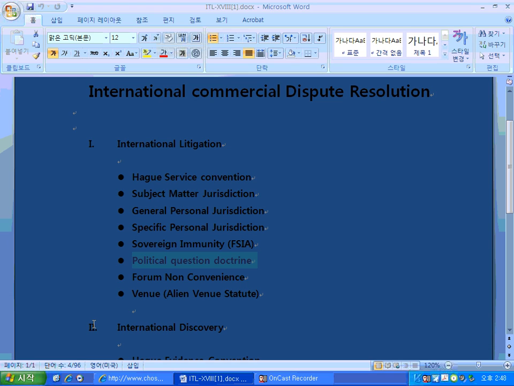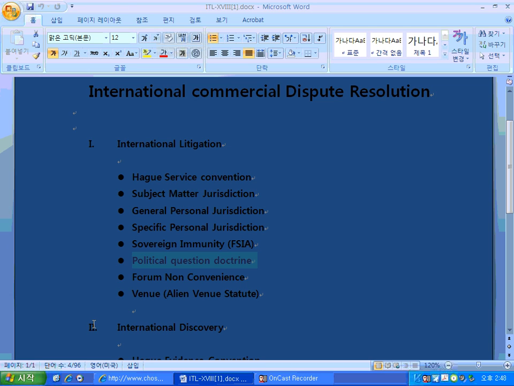Public interest factors include court congestion, the unfairness of imposing jury duty on a community with no relation to the litigation, the interest of the community in having localized controversies decided at home, and avoidance of problems associated with conflict of laws and the application of foreign law.